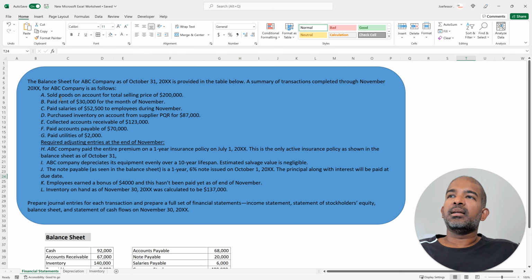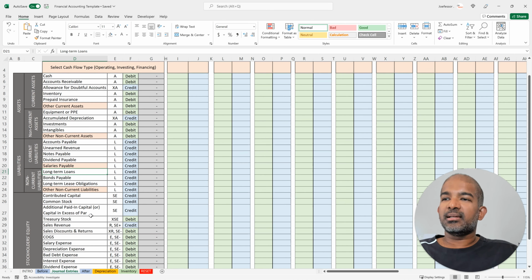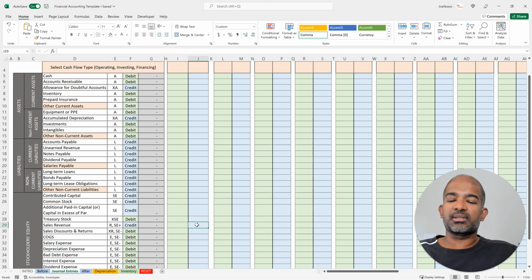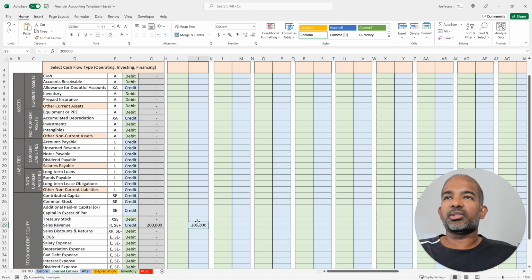A, the firm sold goods on account for a total selling price of 200,000. It's selling goods on account, so the revenue is 200,000, but cash hasn't been paid yet. Revenue is a credit account, so in my first box, I'm going to credit 200,000 in the revenue section.